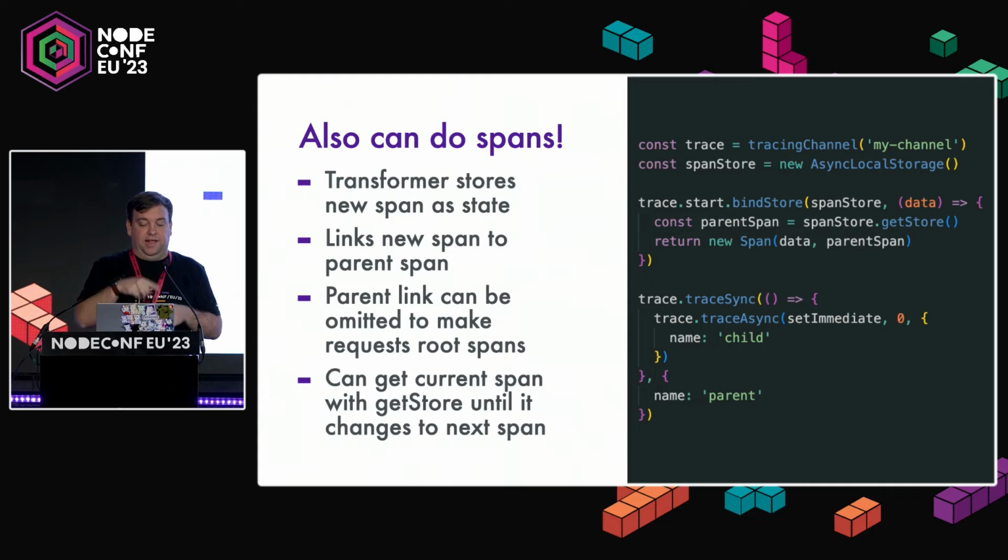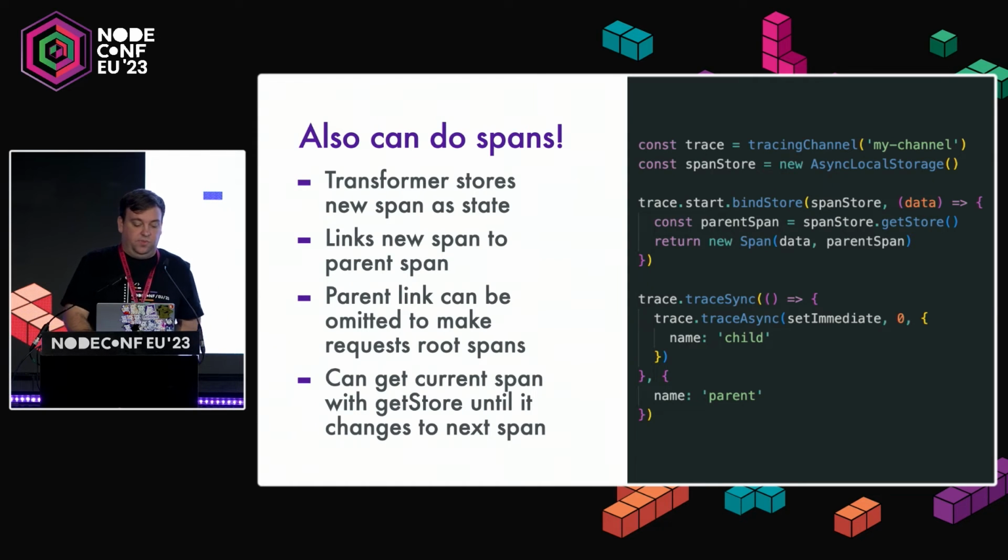We can link, and this is where AsyncLocalStorage helps, the new span to the parent span by just getting the current store while we're about to set the new value for the store with the transform. And if you want to scope the trace concept around a request, which is what most APMs do, you can just omit the parent link in that particular case, and that'll make it basically a root span.